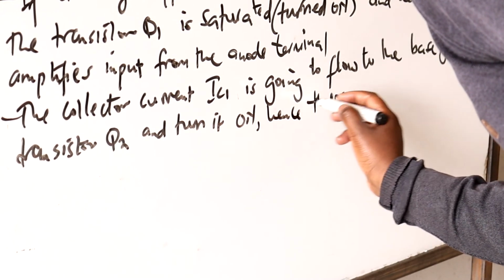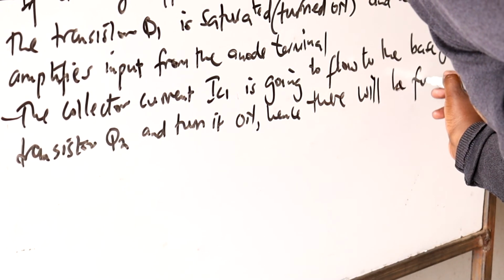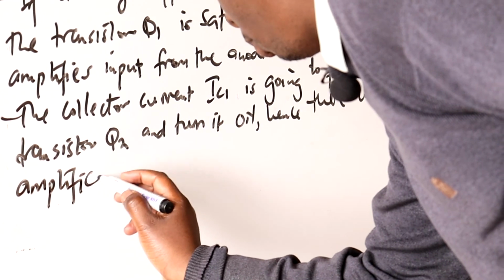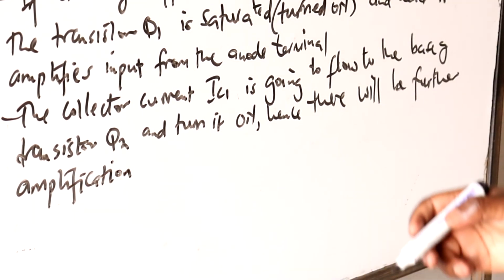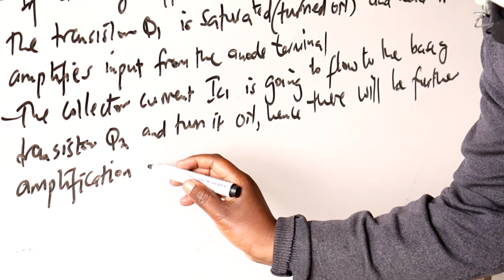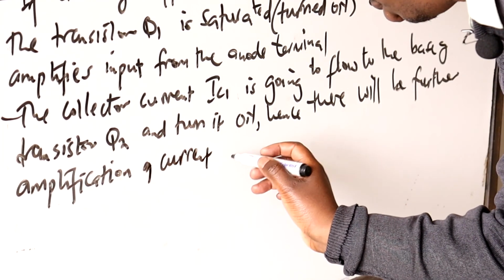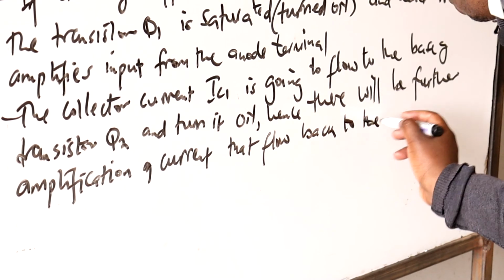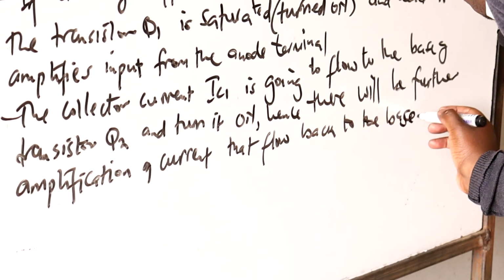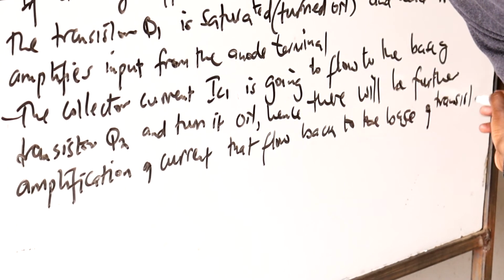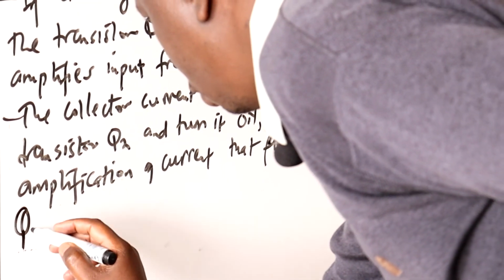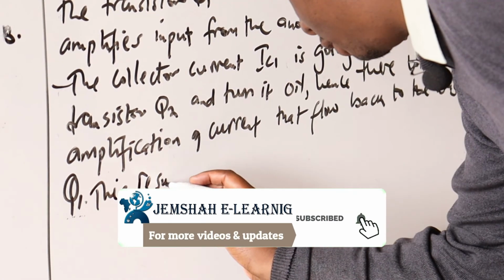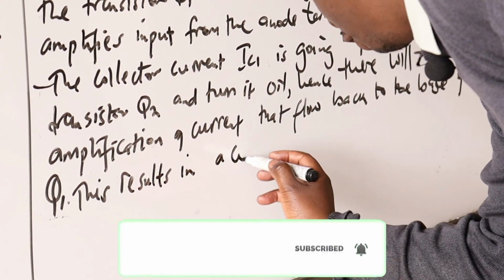Hence, there will be further amplification of current that flows back to the base of transistor Q1. This results in a continuous conduction.